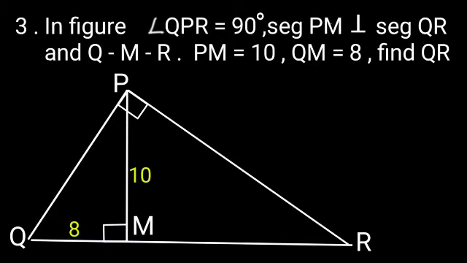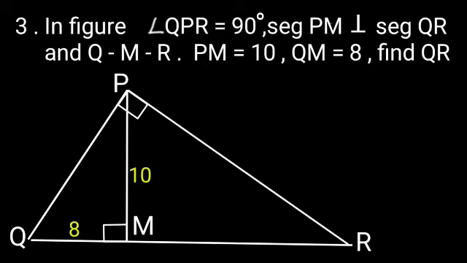Example number 3. In the figure, angle QPR is equal to 90 degrees. Segment PM is perpendicular to the segment QR and point M is between points Q and R. PM is equal to 10 and QM is equal to 8.